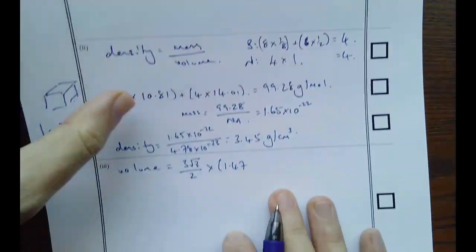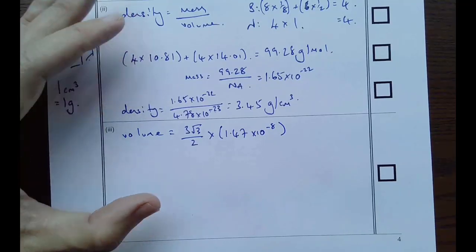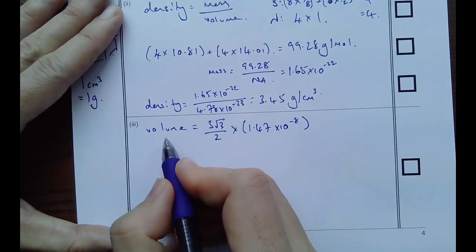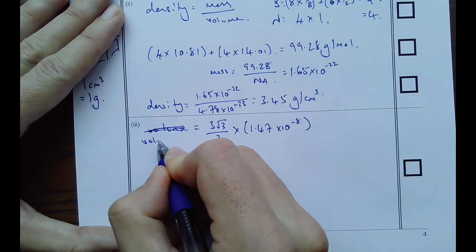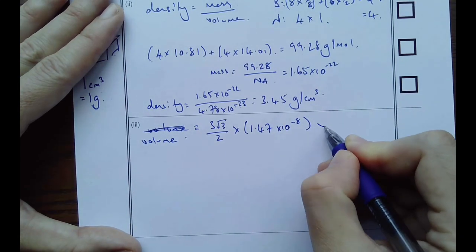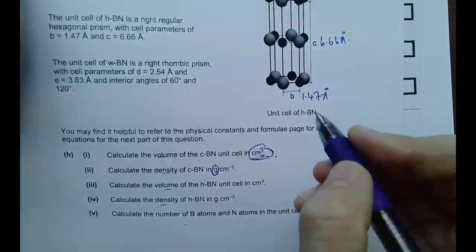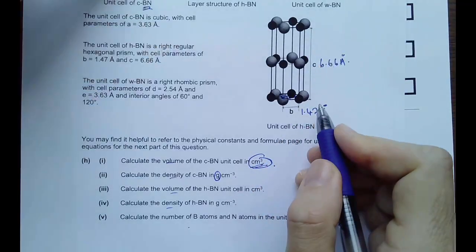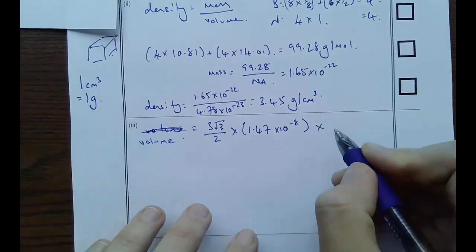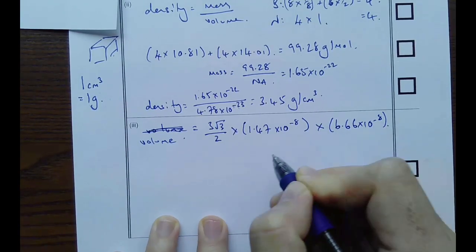So I can just go ahead and do that times by 10 to the minus 8. Okay, so that's the volume. No, not at all. That's not the volume. Oh, it's the area. But if I write volume, and then I multiply it by, so what I've worked out there is the area of the hexagon at the bottom, and I'm going to multiply it by the length of the prism to give me my volume. So I multiply it by 6.66 times 10 to the minus 8.